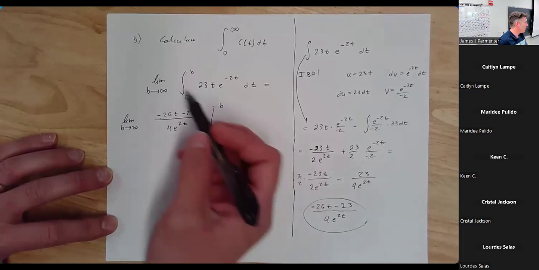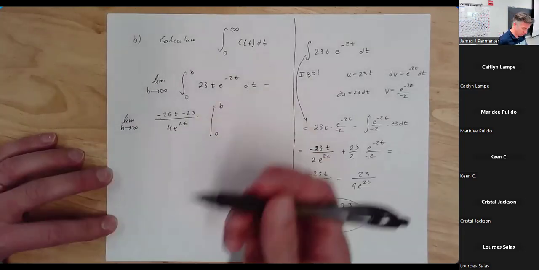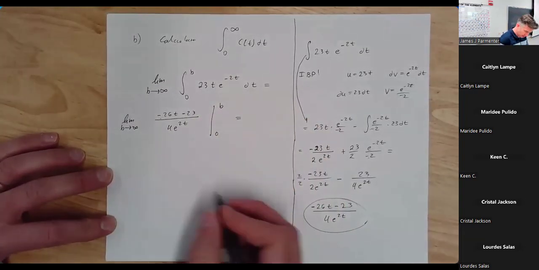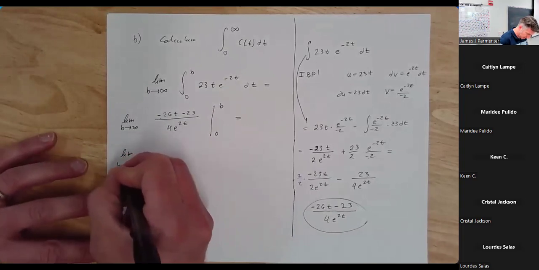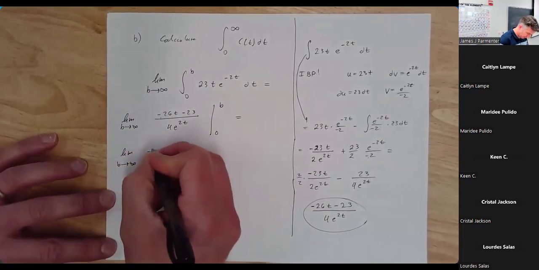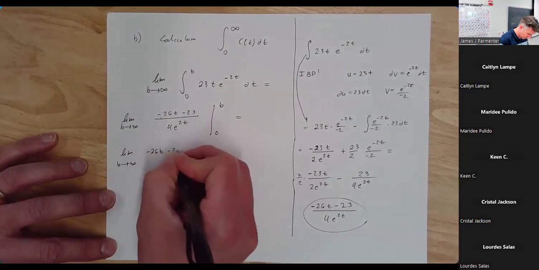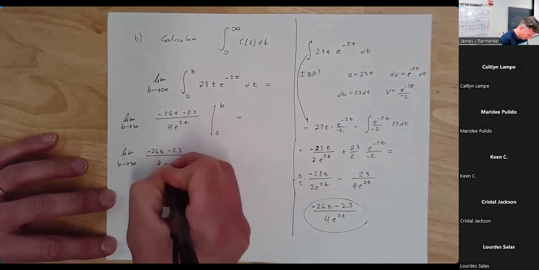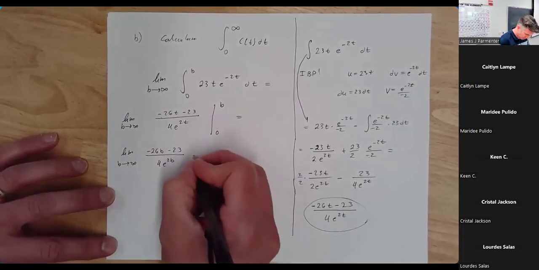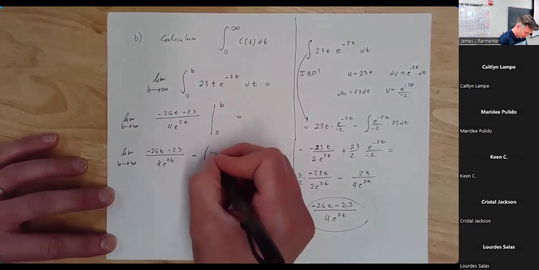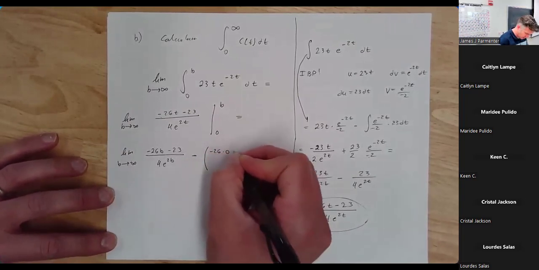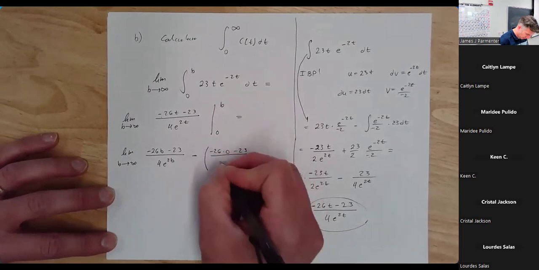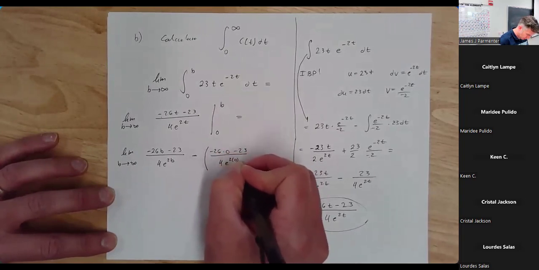I don't want to carry all of that machinery the whole way through. We plug in b, we get the limit as b goes to infinity of negative 26b minus 23 all over 4e to the 2b minus, then we plug in 0, we get negative 26 times 0 minus 23 all over 4e to the 2 times 0.